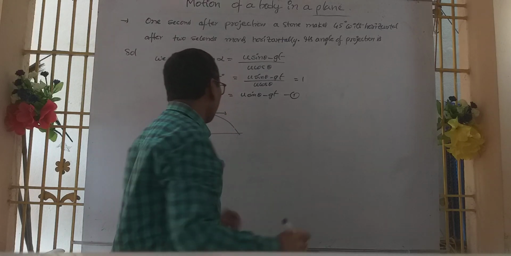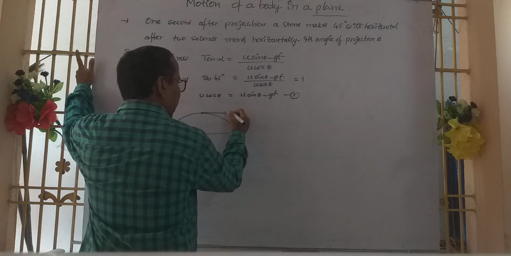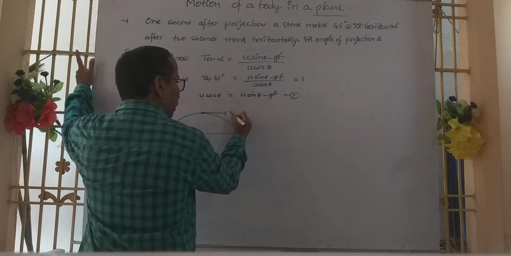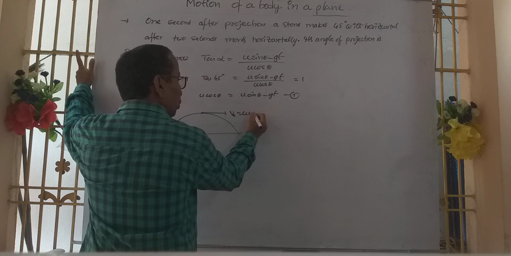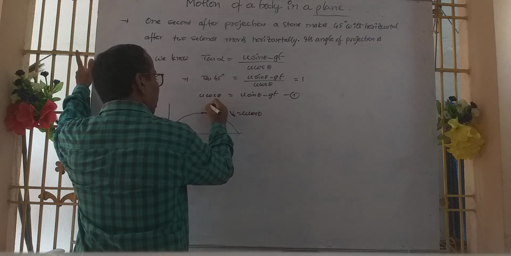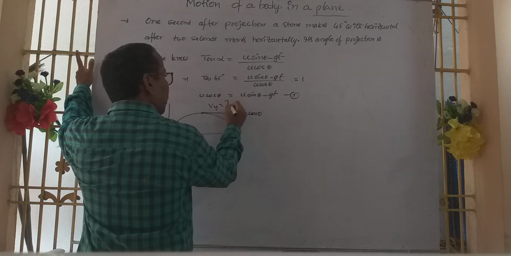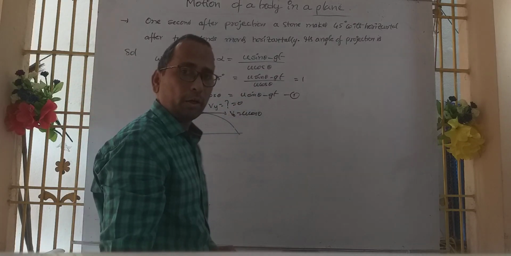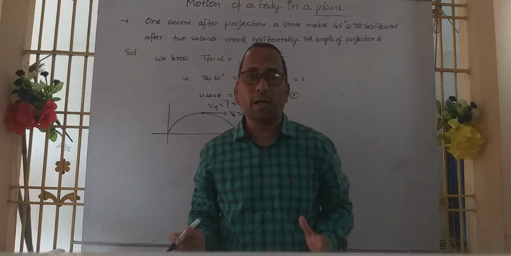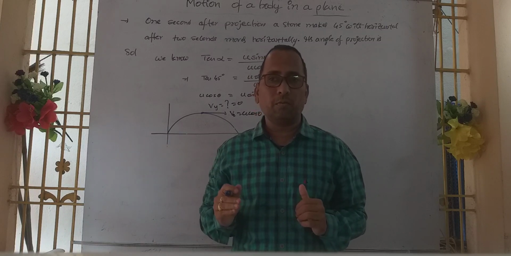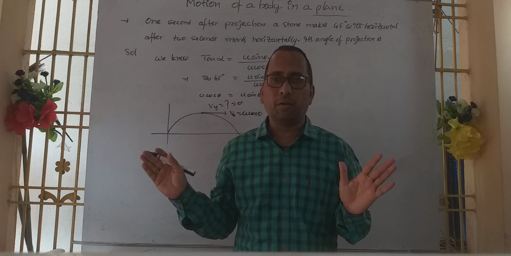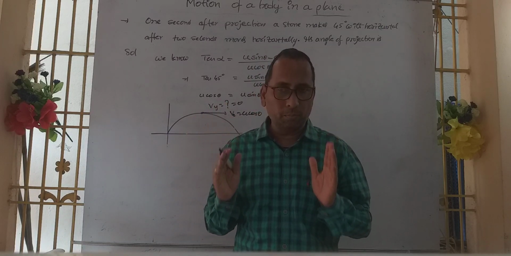That's why at this point there is only Vx. Vx is there, that is u cos theta. But what about Vy? Vy is equal to 0. What I told: at the maximum height, there is a horizontal velocity, but not a vertical velocity. Vertical velocity becomes 0.